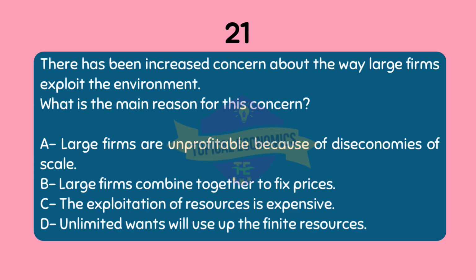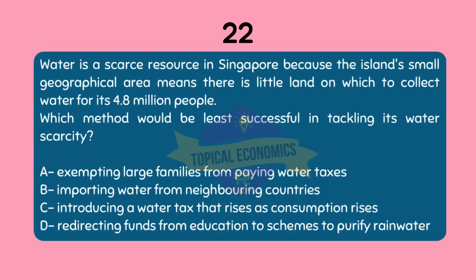Proceeding with question 22. Water is a scarce resource in Singapore because the island's small geographical area means there is little land on which to collect water for its 4.8 million people. Which method would be least successful in tackling its water scarcity? A. Exempting large families from paying water taxes. B. Importing water from neighboring countries.